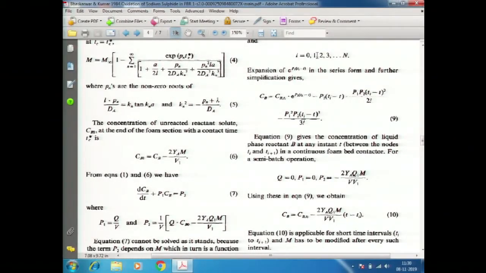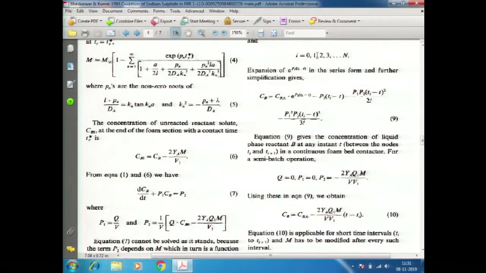So, that expression for M comes out to be this, which depends on these P_n's and K_n's, which in turn depend on lambda. I integrated the flux, and then I said that M by M infinity, whether you define it for unit area or for total area of the pentagonal film, will be the same. So, this expression on the right hand side is the same for M by M infinity no matter how you define it.